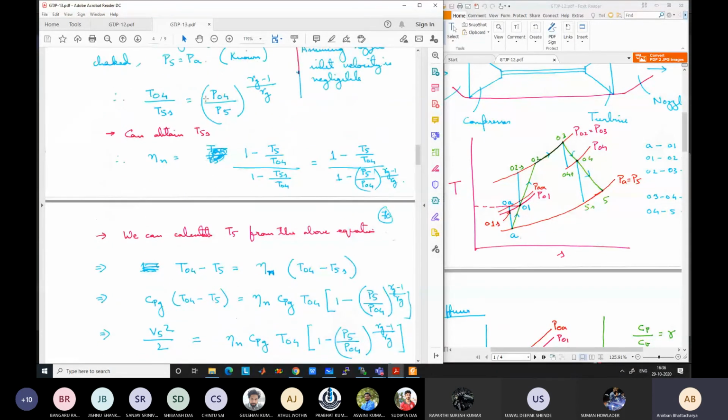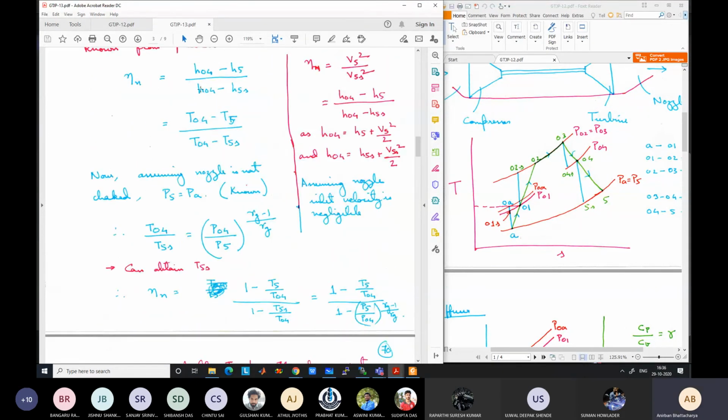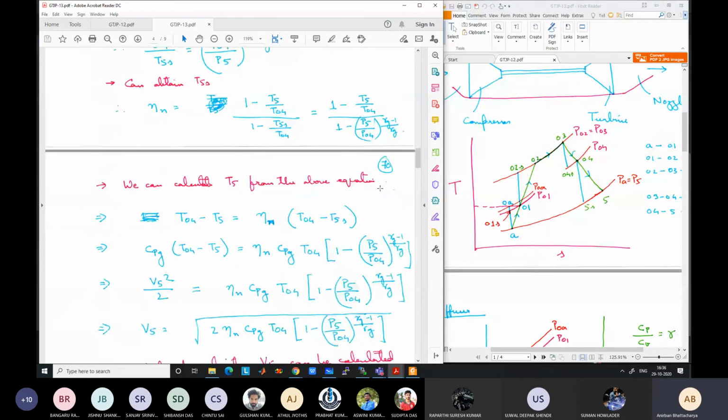If you want to write it in terms of pressure ratio, then you have to write like this: eta n is equal to, you divide both sides by T04. So 1 minus T5 by T04 divided by 1 minus T5s by T04 is P5 by P04 to the power gamma g minus 1 by gamma g. So this part is known.